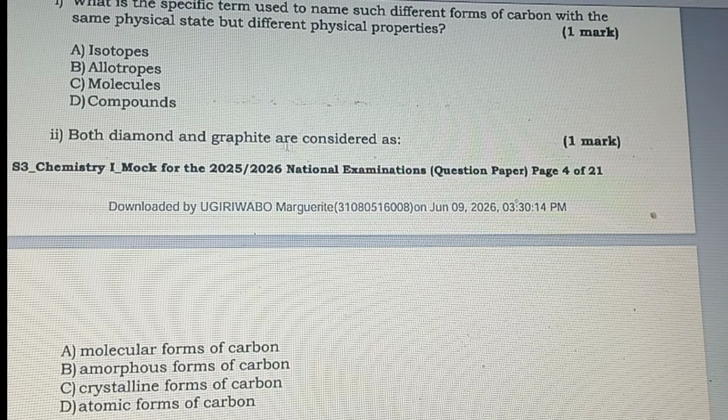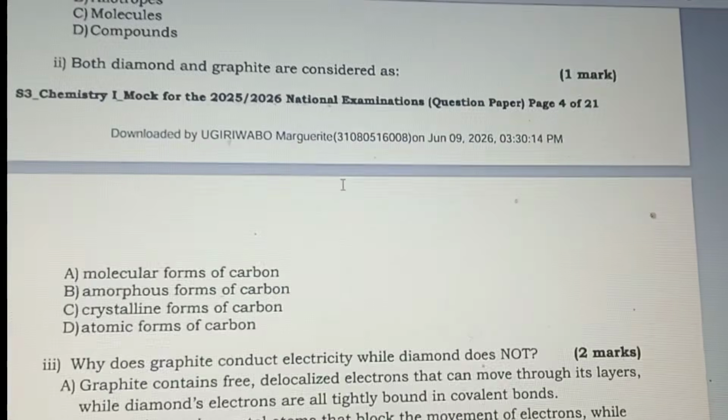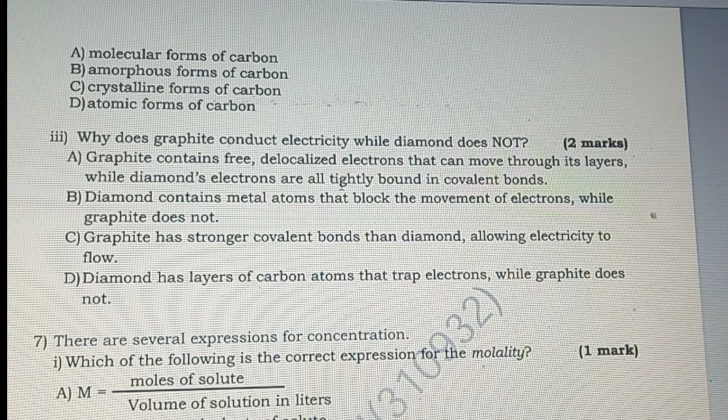Both diamond and graphite are considered as crystalline forms. The correct answer is C. Crystalline forms of carbon. A crystalline is a solid whose particles are arranged in a fixed and regular pattern.